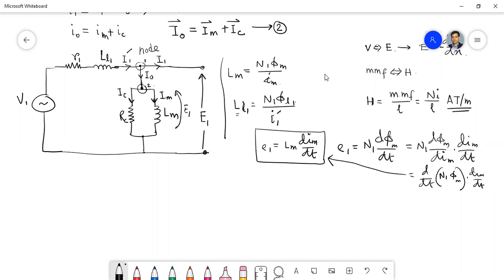Now, what are the different types of inductance we get in case of a transformer? The mutual inductance, self-inductance. Okay. So is it mutual inductance or something else? Sir, one is magnetizing inductance and another is leakage inductance.